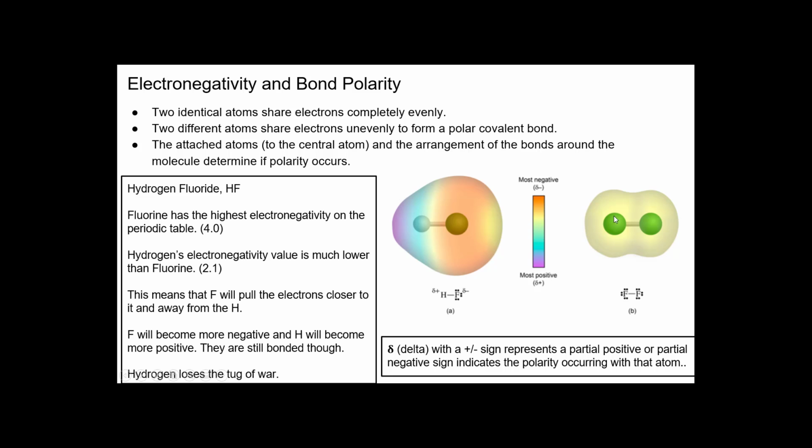That's what this color means. And this has no change in color because the tug of war is never going to go anywhere here. So that's pretty much what I'm saying. I just summed it up: it's pulling them closer, and the Greek small letter delta is representative of polarity.